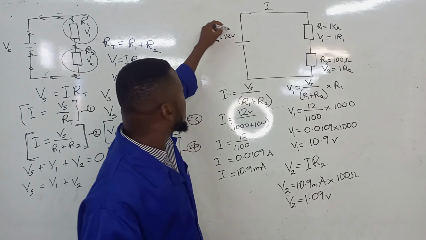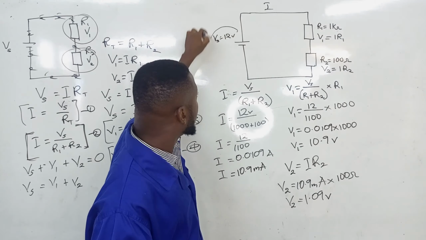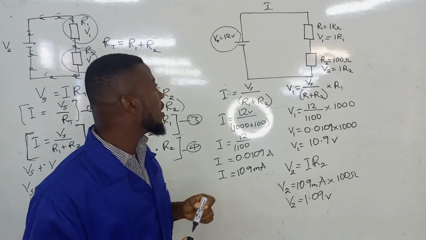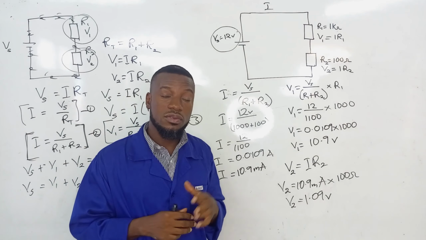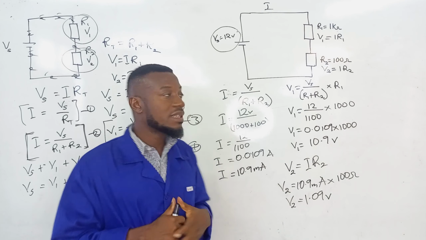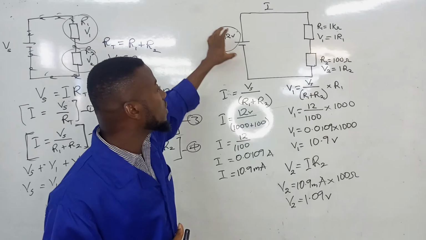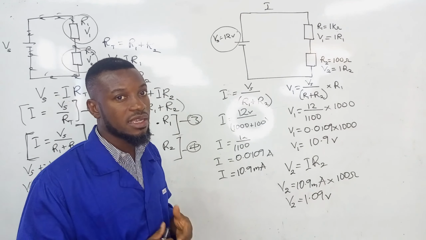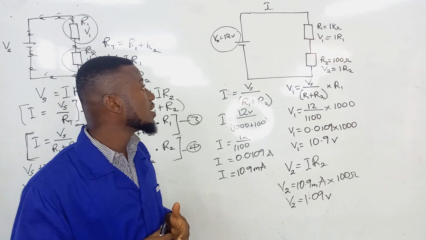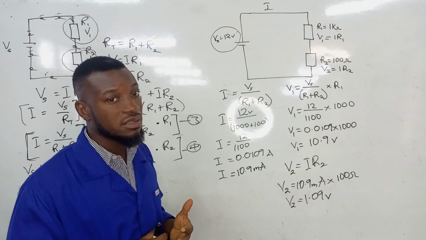The supply voltage is 12 volts. If we take this as what George Ohm said, it means that the supply voltage should be equal to the drops here. Again, Kirchhoff also said the same, the Kirchhoff first equation.